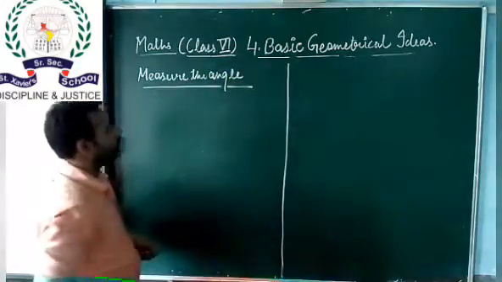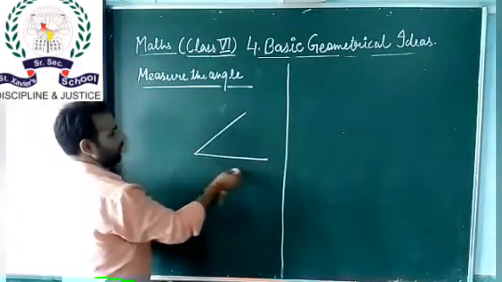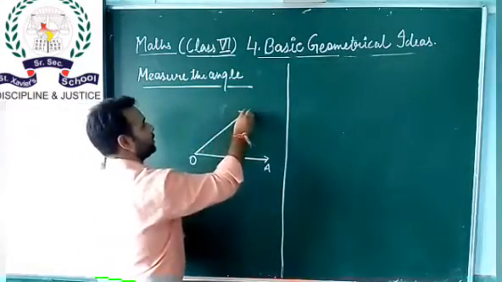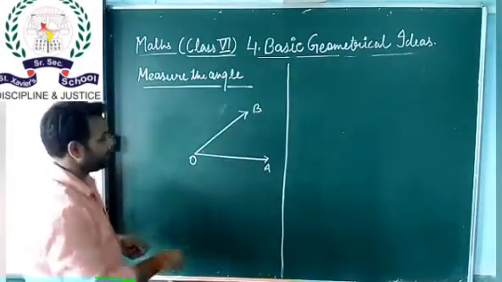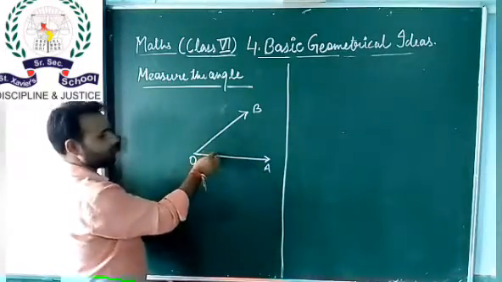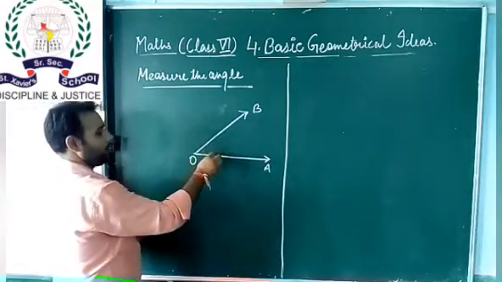How to measure them? Suppose this is given, and this is the point A, this is the point O, and this is the point B. Then we have to start. This is your initial line, and we start measuring from here.